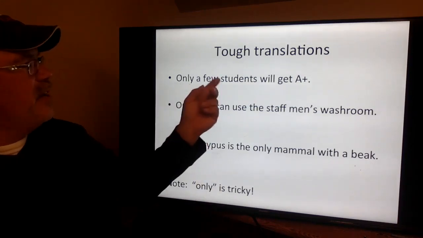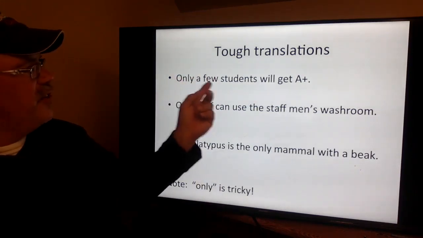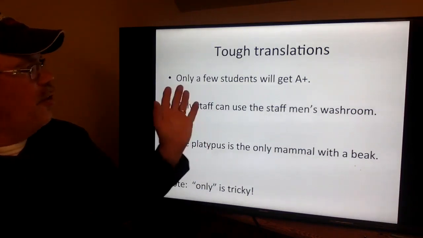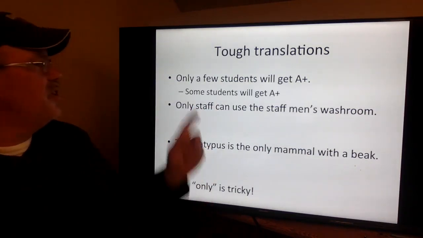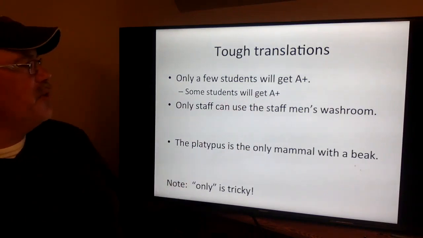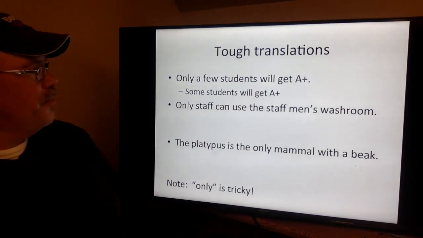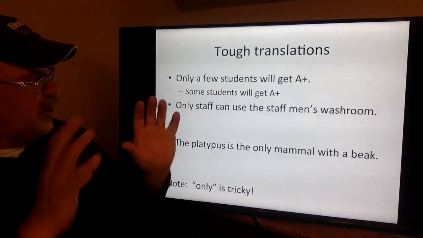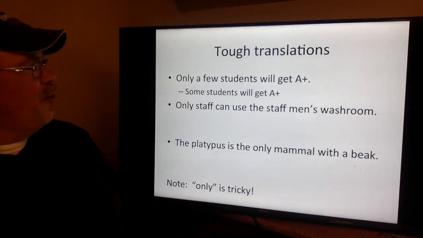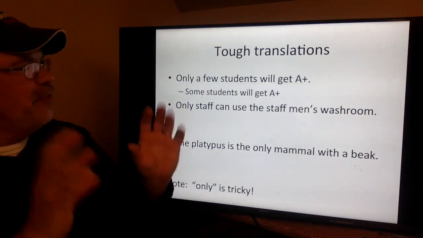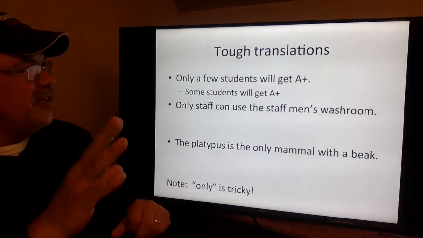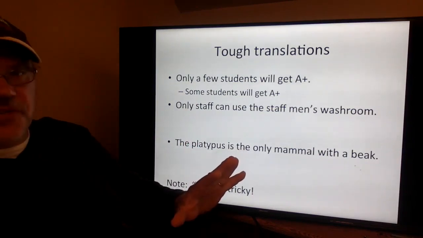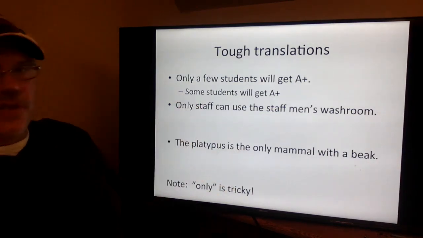Really, the only here is describing the number. And so I see this as basically saying some students will get an A plus. Okay? Only a few kind of comes as a set of words. And so really that's just saying there's a number of students that will get an A plus that isn't very big. And since we don't care about the size of numbers, we just translate that as some.